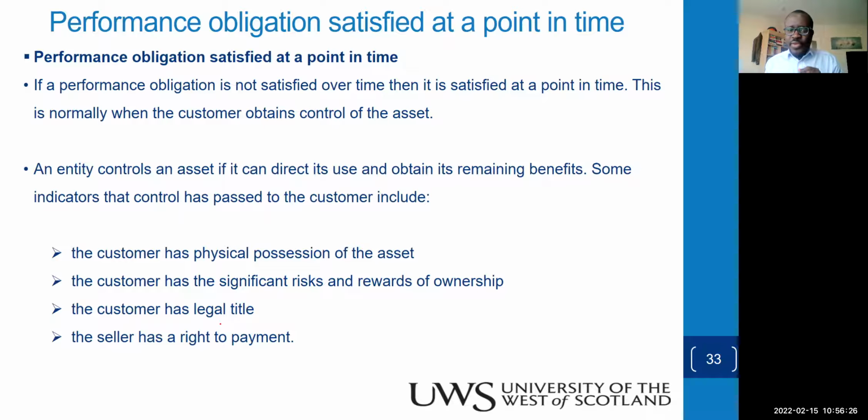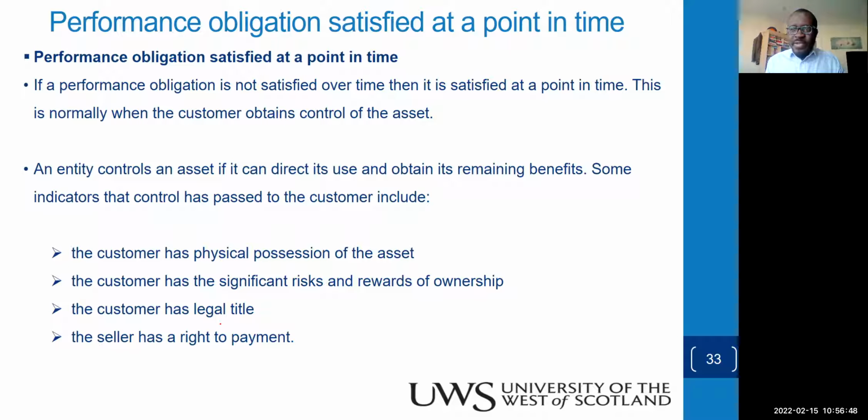Some indicators that we have passed control from the seller, the vendor, the contractor to the customer include, one, where the customer has physical possession. He takes custody of the asset. Two, where the customer takes over all the risks and rewards associated with the ownership of the asset.